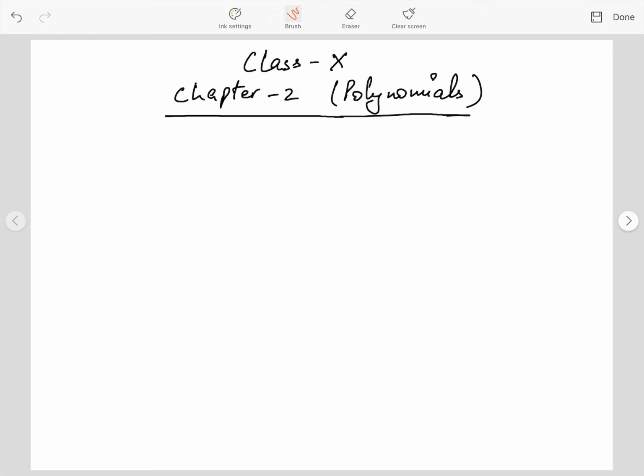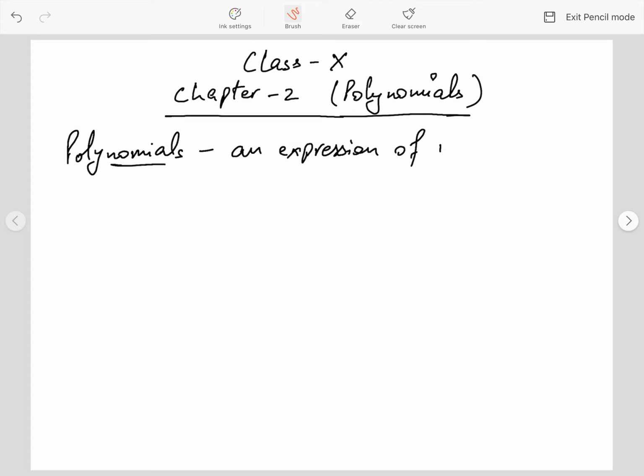CBSE Chapter 2 Polynomials. So first of all, we will see what is the definition of polynomials. Polynomials are an expression of more than two algebraic terms.